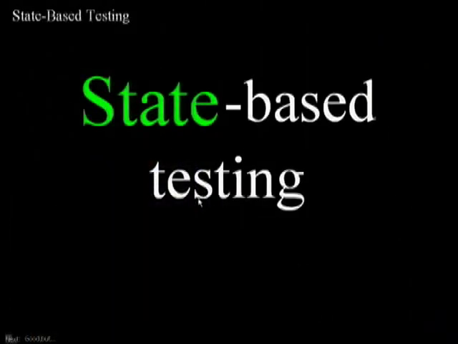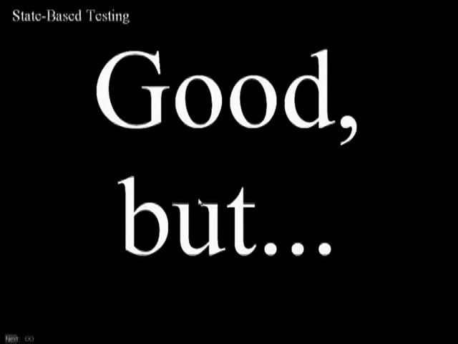State-based testing is used every day at Google, and we know it works. However, it has some limitations. I think the biggest limitation is that it ignores the fact that C++ is an object-oriented language. In an object-oriented program, we don't have just a single object.